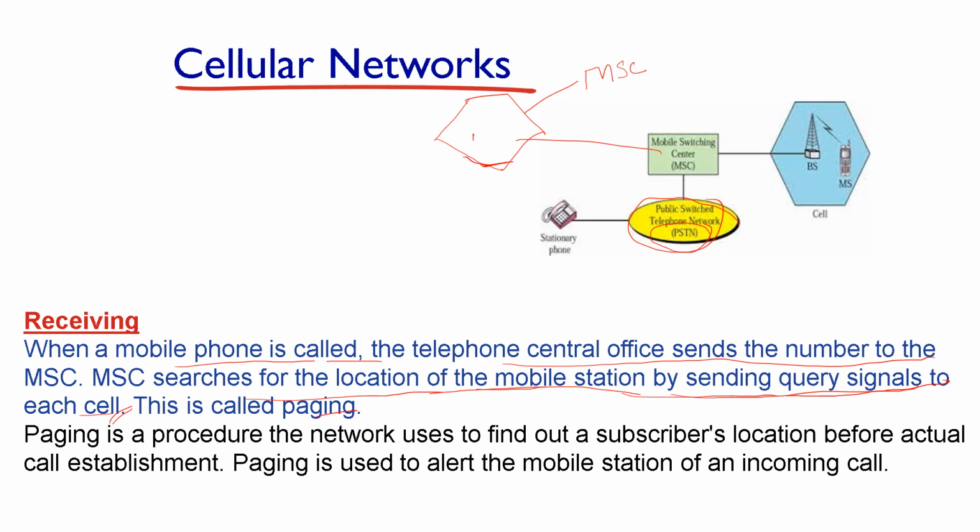This is called paging. Paging is a procedure the network uses to find a subscriber's location before the actual call is established. Paging is used to alert the mobile station to an incoming call.